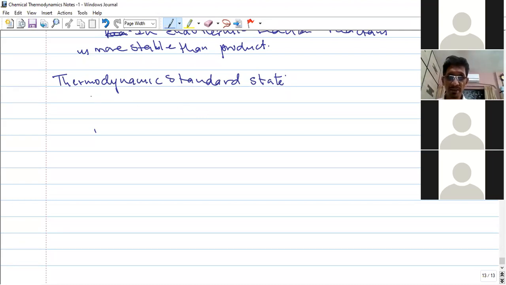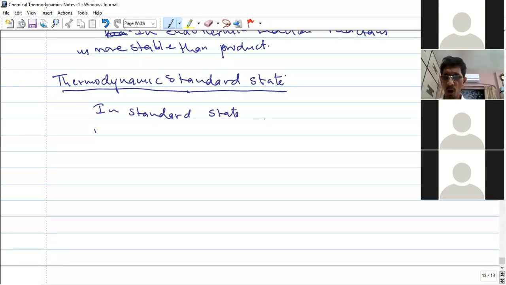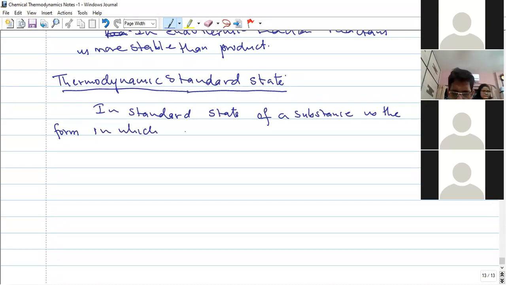Yani in standard state, of a substance is the form in which the substance is most stable.